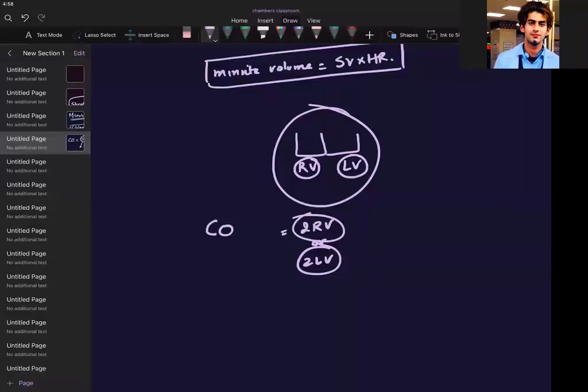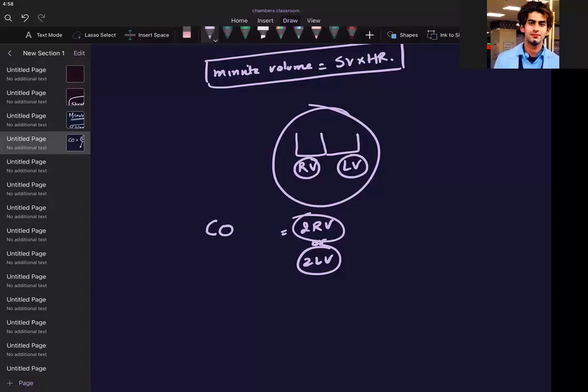So for the heart as a whole, I do twice that of one ventricle, because the ventricles are the ejection pumps circulating the blood throughout the body, be it lungs or systemic circulation.